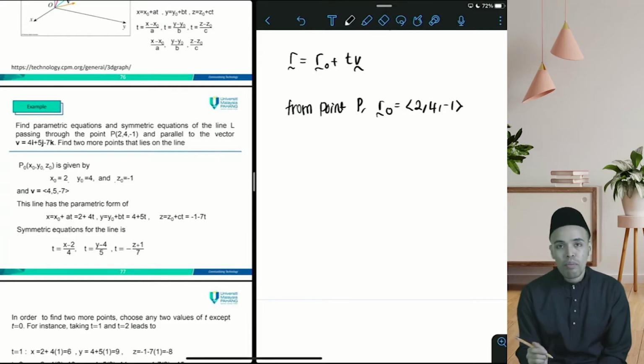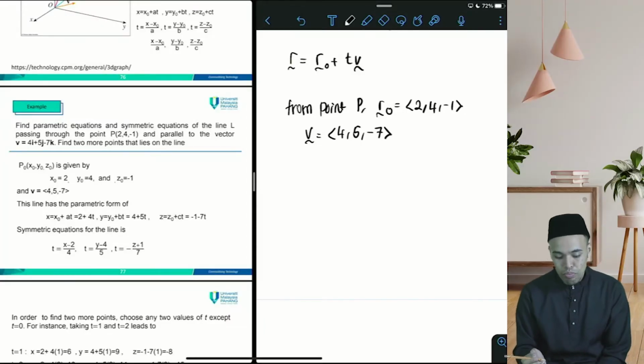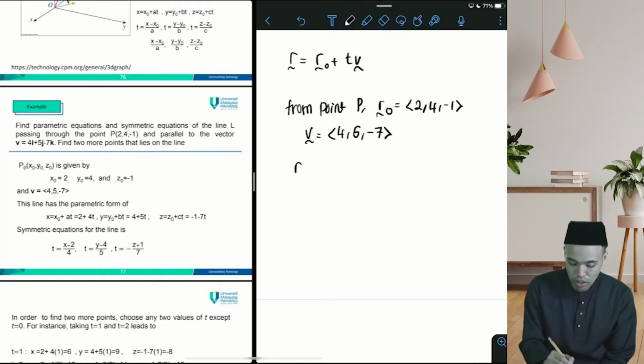And at the same time, the parallel vector is given to you, which is (4, 5, -7). What should I do right after this? I have to put it into the vector equation of a line, such as vector r is equal to (2, 4, -1) plus t(4, 5, -7).